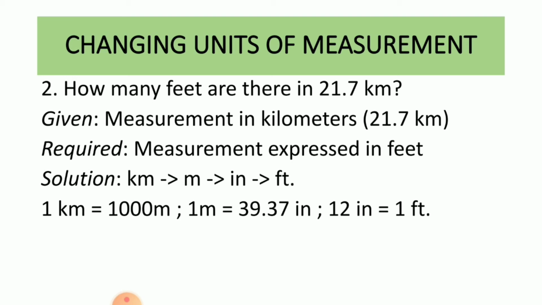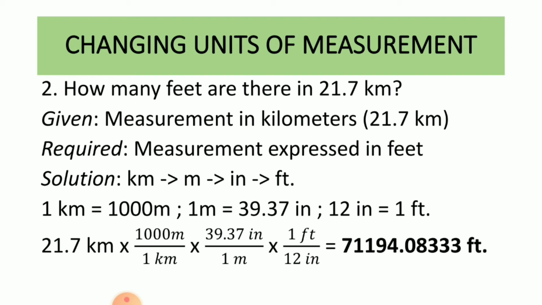We all know that in 1 kilometer, there are 1,000 meters. Then, in 1 meter, there are 39.37 inches. Then, 12 inches is equal to 1 foot. So 21.7 kilometers times, first, we will convert it into meters.